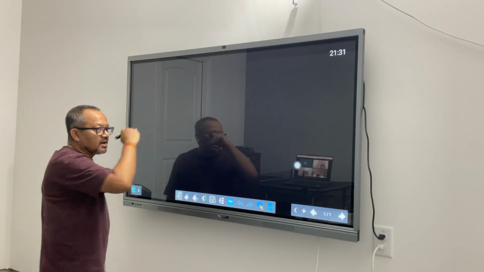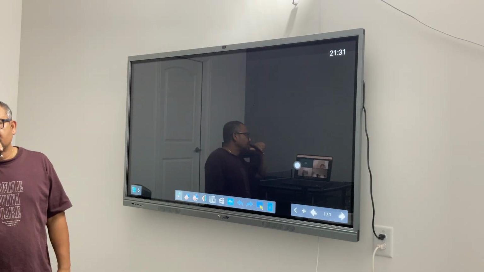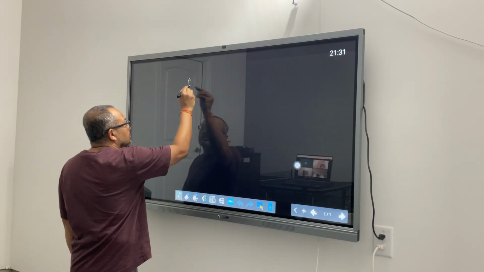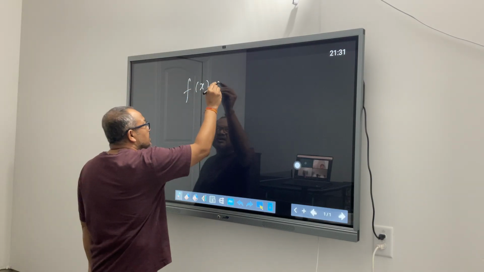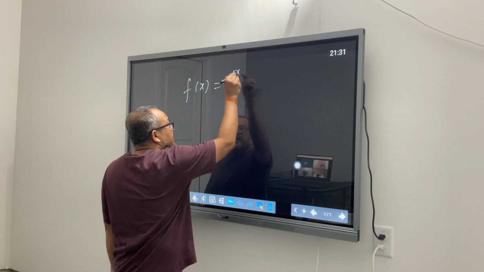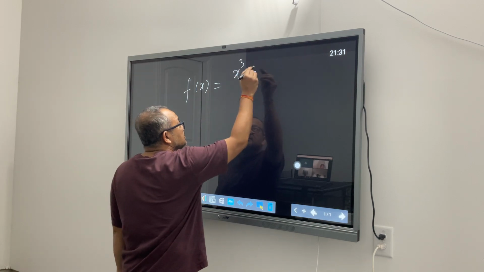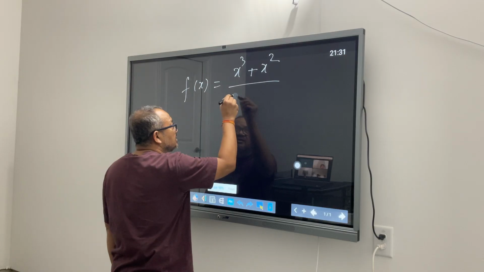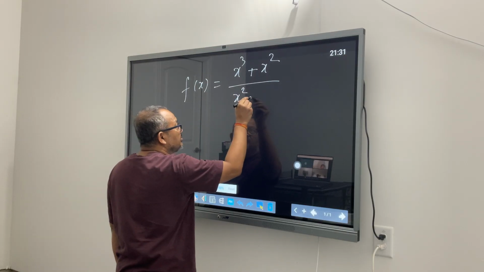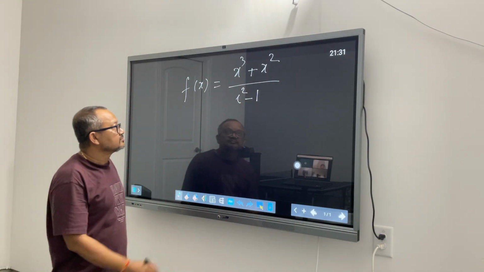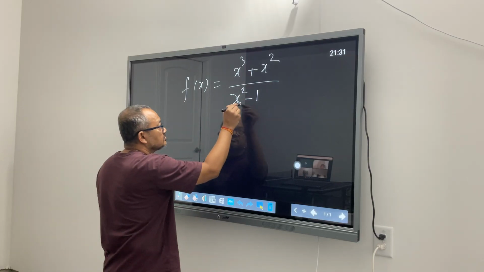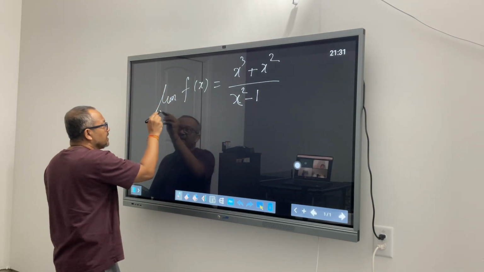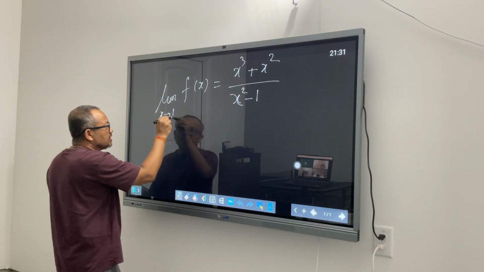Now, let me pick up f of x equal to x cube plus x squared divided by x squared minus 1. And somebody asks you to find out the limit of x approaching 1.